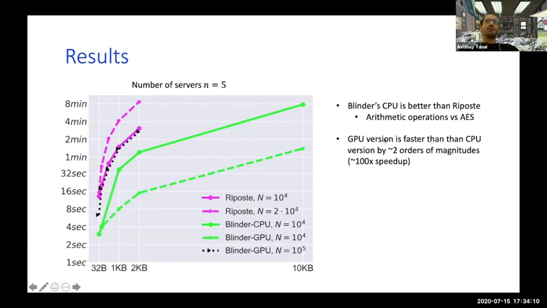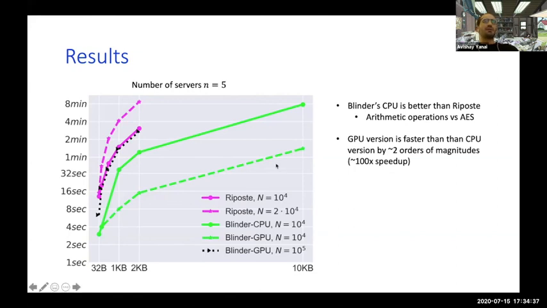In this figure, we compare between Riposte in pink, Blinder over CPU in green, and Blinder over GPU in black. The comparison is done across messages of different sizes, from 32 bytes to 10 kilobytes. Just remember that the Riposte protocol runs by 3 servers only and doesn't guarantee robustness nor censorship resistance.